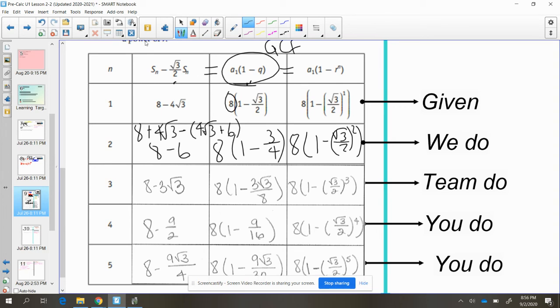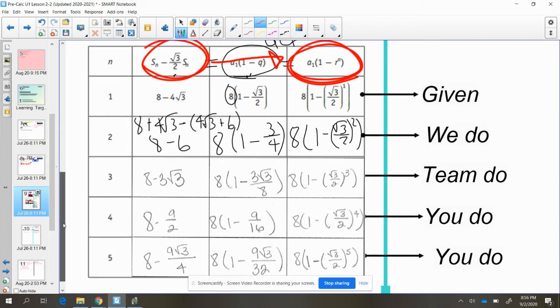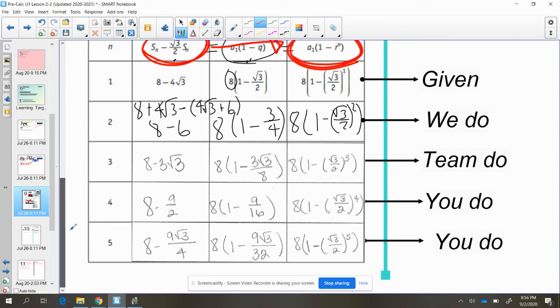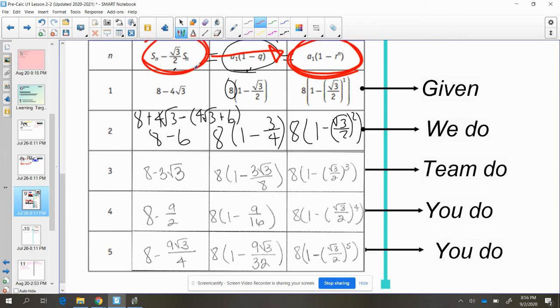But the important thing to note here is that this column right here is equal to this by the transitive property. And it's been a long time, all my geometry haters, since you've heard that term, right? So basically what we have is that this equals this. And the special little pattern here, you're probably noticing that our value is matching to what term number we are looking for.